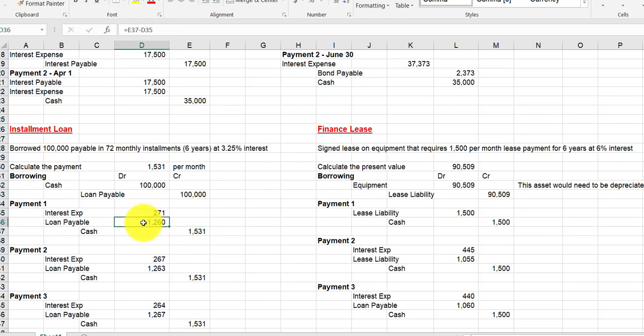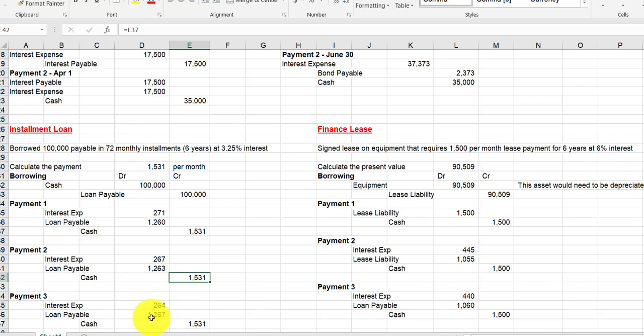The loan payable is how much is paid off, reducing the loan payable, the difference, always calculating interest expense first, the difference between what you paid and what the interest has to be paid. Next time, we subtract out the amount we paid off in the loan payable in payment number 1 before calculating the interest, the same way.